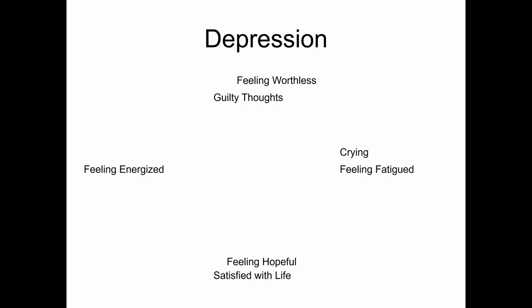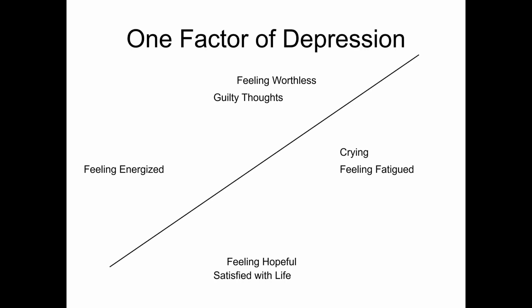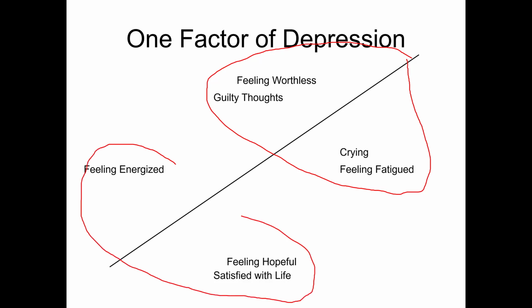If we came up with a one-factor structure of depression, on one end we have the negative aspects of depression, feeling depressed, and on the other end, the opposite of being depressed: feeling energized, feeling hopeful. So that could be one way we describe all 7 items, with just one factor.